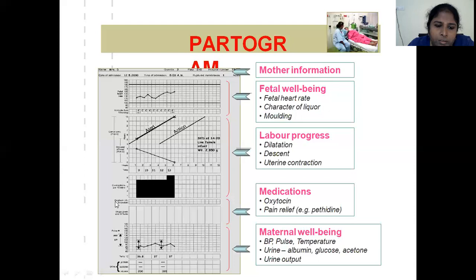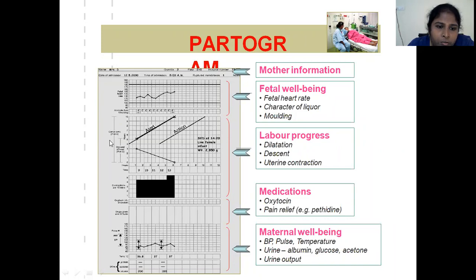Here you can see in the chart, oxytocin, pain relief with pethidine. Maternal well-being: BP, pulse recorded here, temperature recorded 96, 97. Then any urine test if we have done: urine albumin, acetone, glucose. Then here urine output, 200 ml, 180 ml, like that.